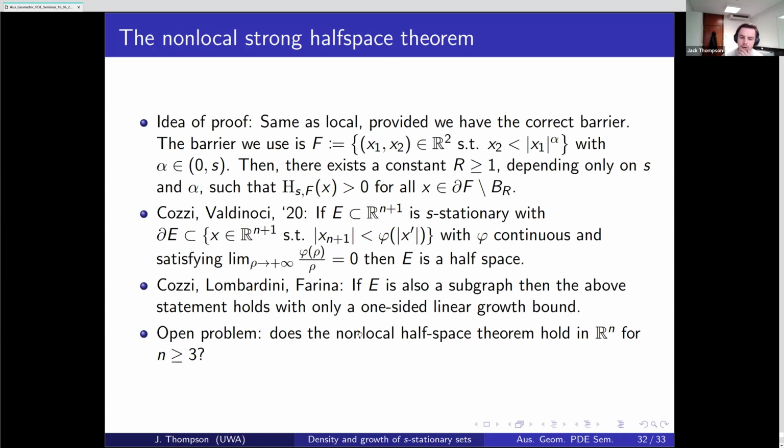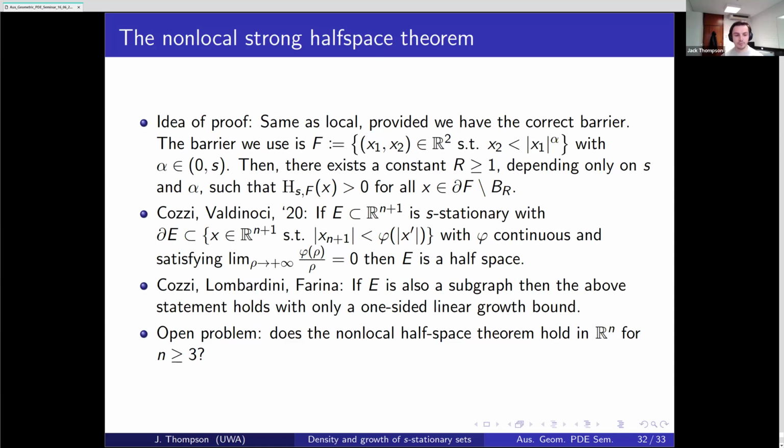But there's some uncertainty in the non-local case, because you start thinking, well, what could be a counterexample? And what was the counterexample in the local case? Well, it was the catenoid, which was contained between two slabs.